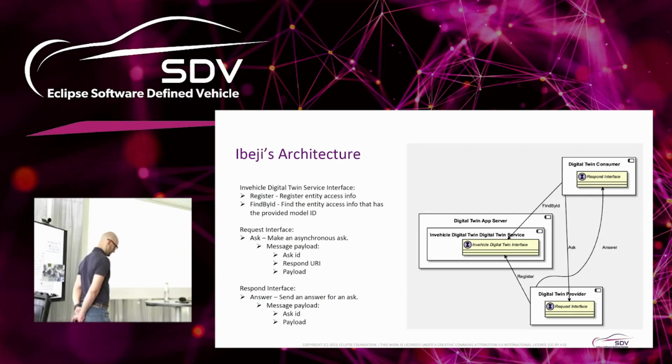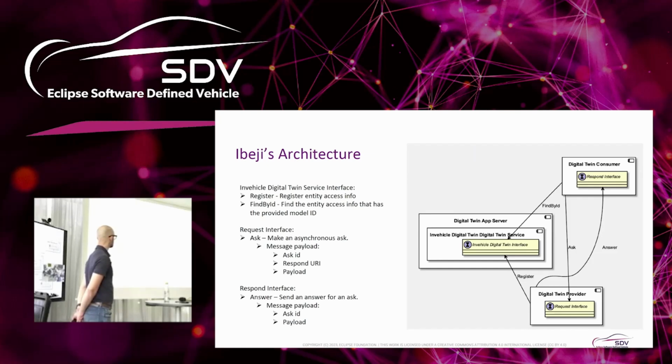And so we also have in this architecture the digital twin provider. That's basically a role that the hardware side of things takes, where it offers the digital twins that it represents and registers their access information with the in-vehicle digital twin service, okay?